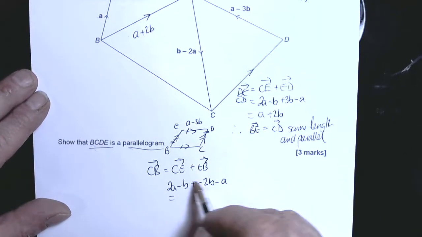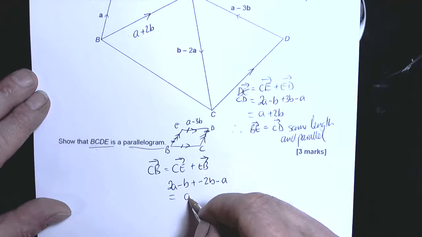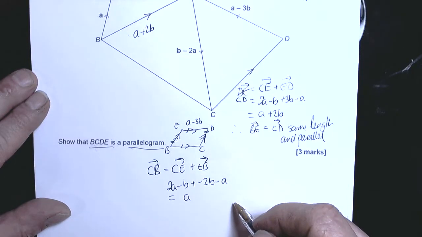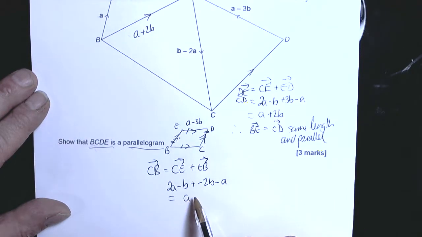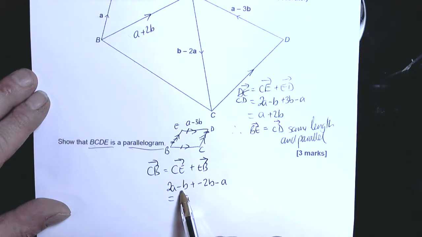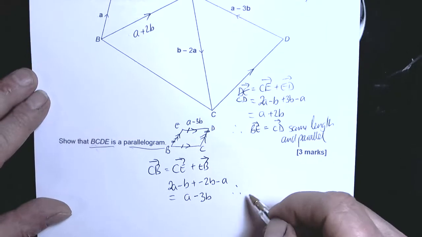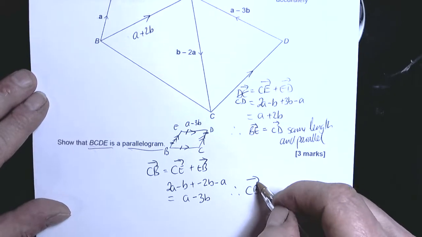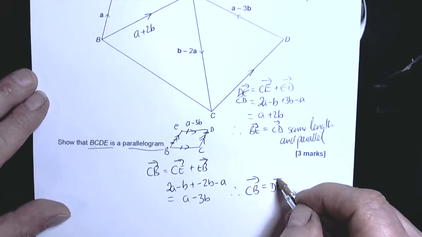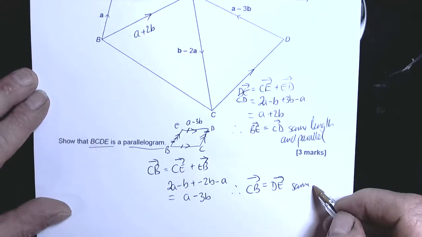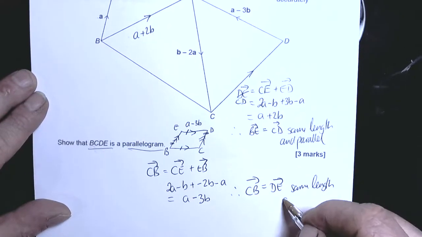So that's going to be take away 2B, take away A. Okay, and then when we add those together, then we end up with 2A's, take away an A, which is an A. And we end up with negative B, take away 2B is negative 3B. Therefore, CB equals DE. So they must have the same length and parallel.